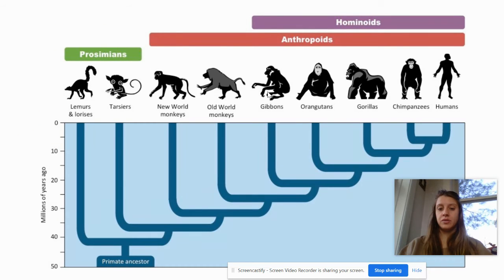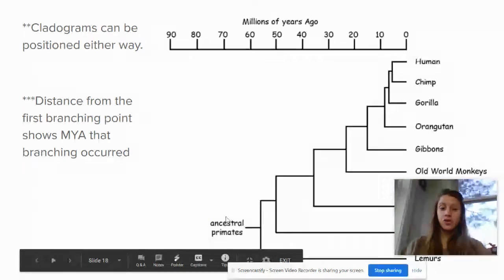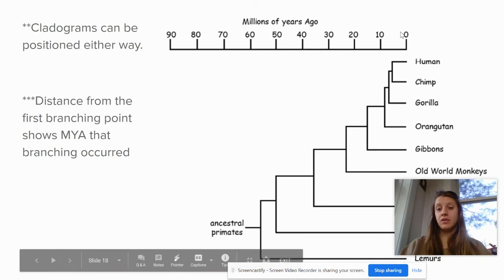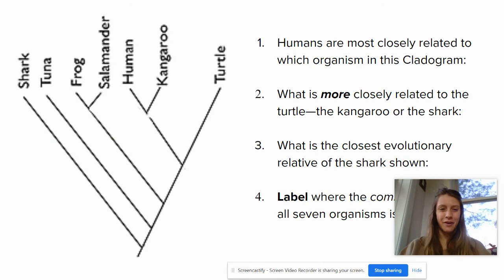But this one is positioned the other way, showing our ancestral primates at the root, and then the number of millions of years ago that organisms split. Remember I asked you how many millions of years ago humans and chimps shared a common ancestor. It looks again like about 7. So this is just reiterating the information from the other cladogram, just turned on its side. I hope that makes sense so far.